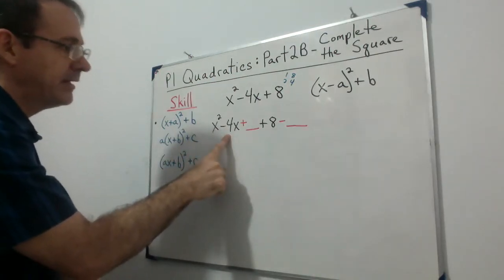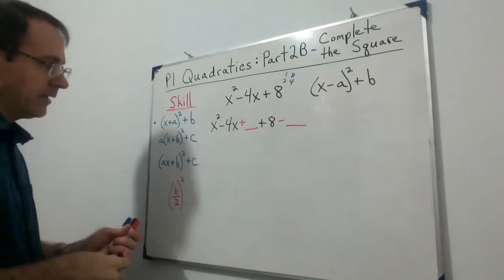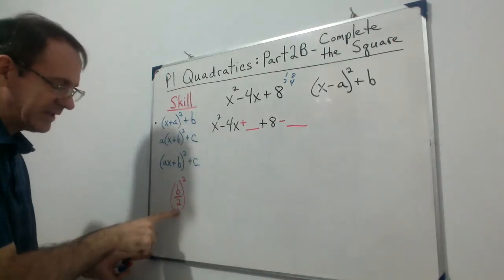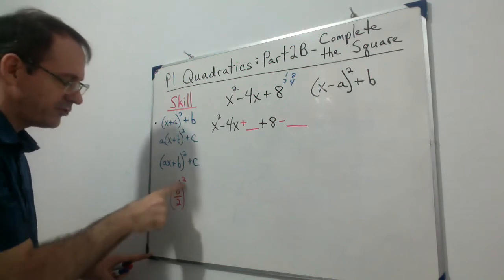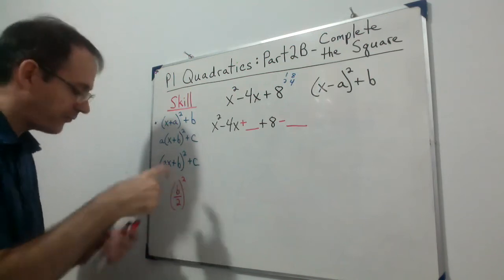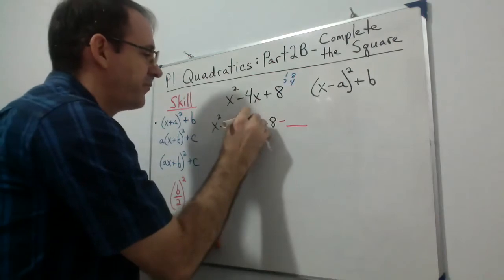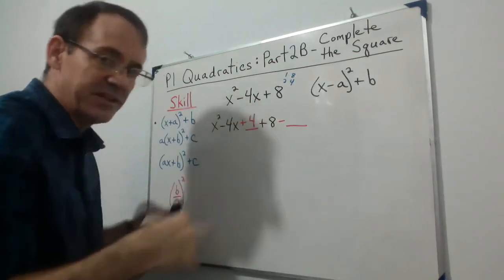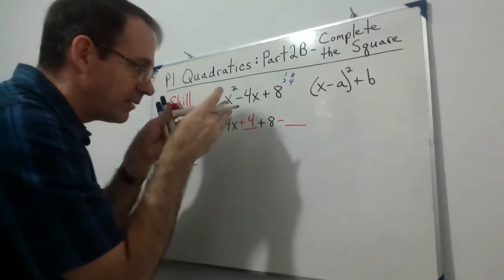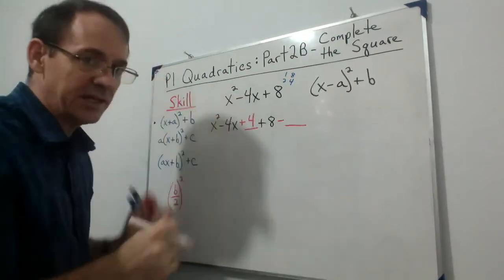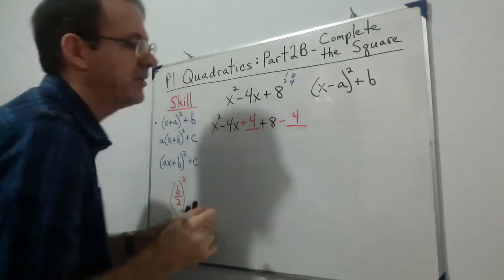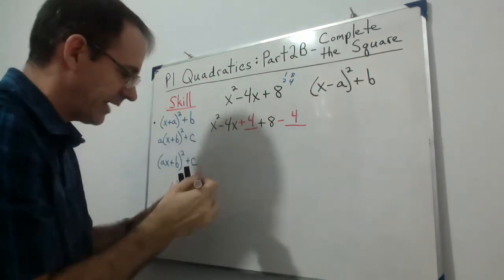That's our b term. So our b term is a negative 4, divided by 2 is a negative 2. Negative 2 squared, positive 4. So the positive 4 is our magic number, and that's the number we generated to introduce so that this does factor. Then we need to equalize it, so we put a minus 4 over here on this side.